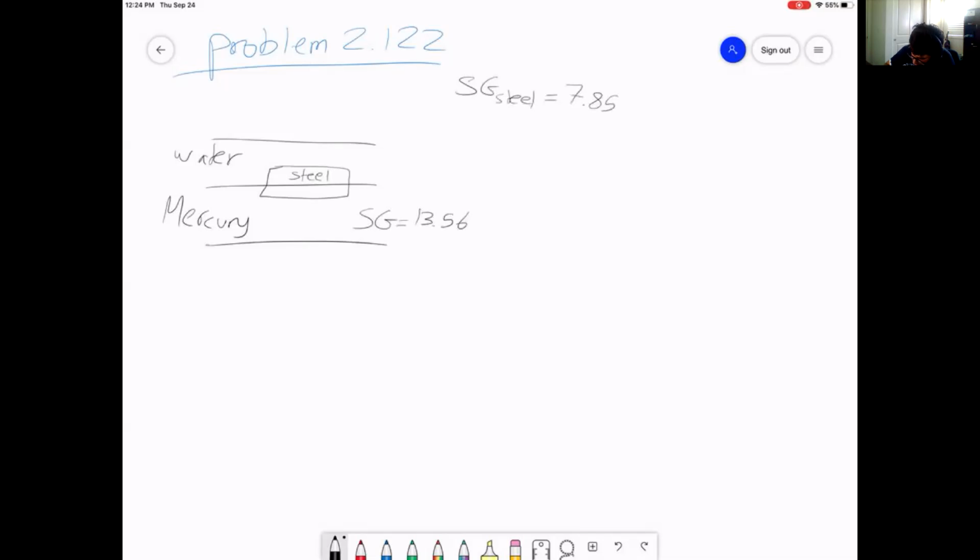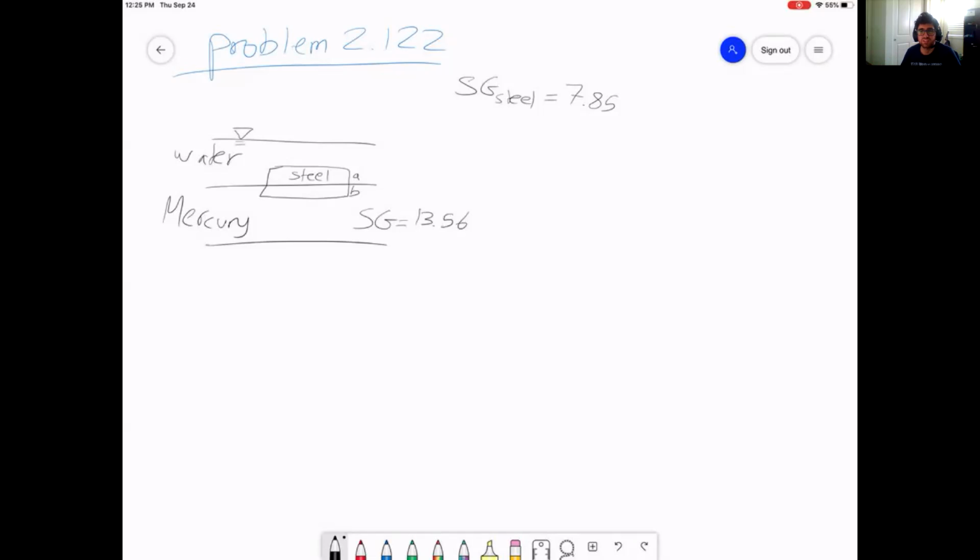We need to find the ratio of A and B. We're not going to find the exact values for A and B, just the ratio. This is open to the atmosphere. Am I missing something? No, looks good. So it's asked us to find the ratio between A and B.